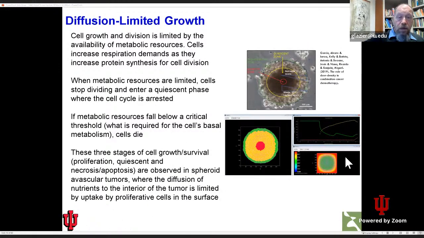So now let's think about trying to do this in the context of growth. And I've already said what's on this slide to some extent. In reality, cells need quite a bit of oxygen when they're going to divide, because they're doing a lot of protein synthesis. And they certainly need glucose, because glucose both supplies energy and the building blocks for cell growth.